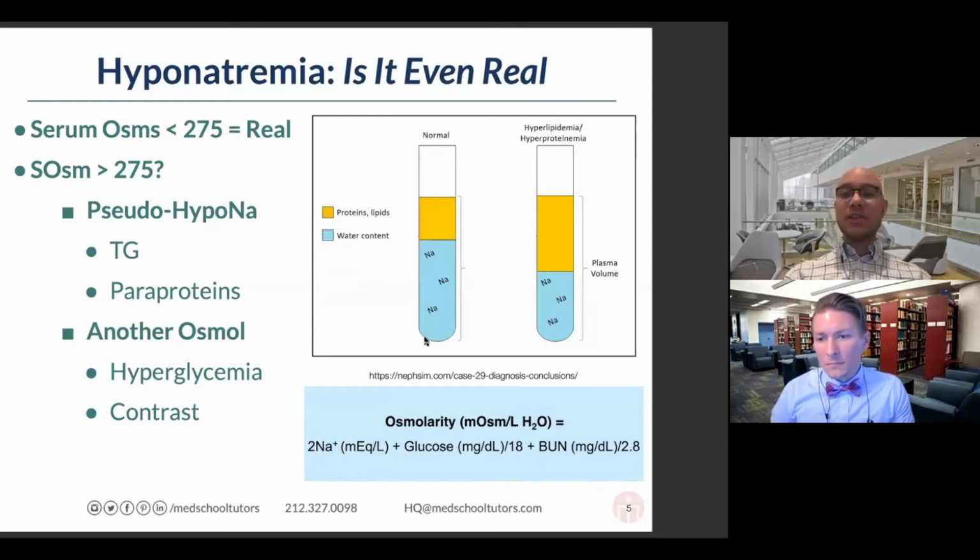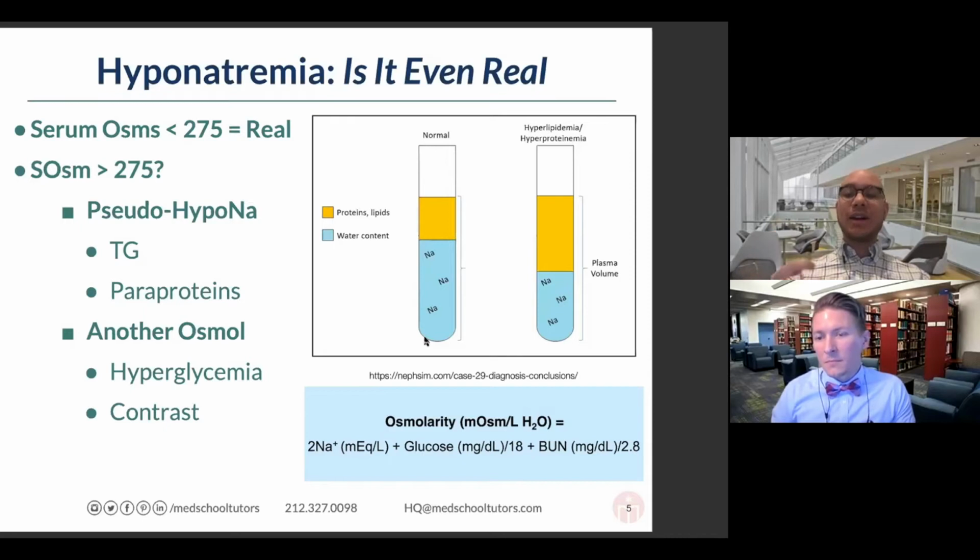The other situation in which you can have hyponatremia, but your osms aren't actually off, is when there's another osmol present in the blood. A common example is hyperglycemia. Perhaps preclinically or on the wards, you've been told, you correct the sodium for glucose. Why is that? Glucose is osmotically active. It draws water in.